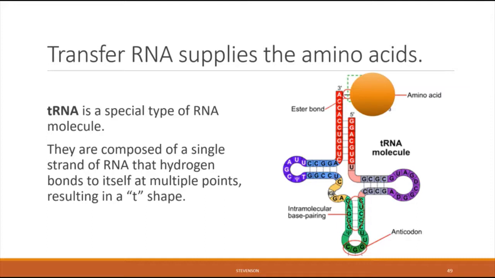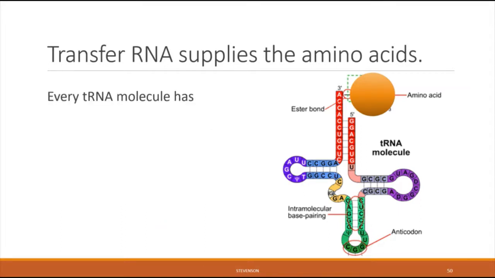A transfer RNA is composed of 1 strand of RNA that has folded on itself several times and hydrogen bonded in several places in order to form this T shape. So what we're looking at is one piece of RNA. It's a single strand of RNA, but it has actually bonded to itself at a few different locations to form this weird wobbly structure here.